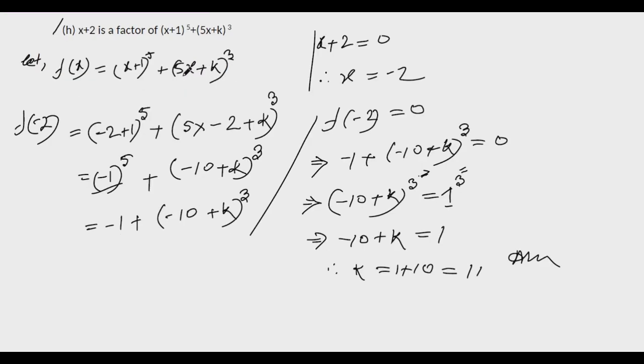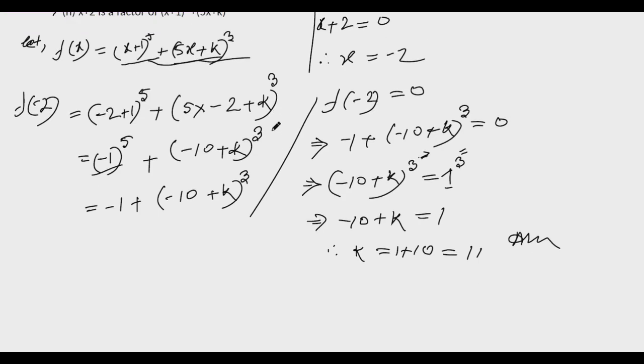Now try to understand one more thing: if we put the value of x, that is minus 2, and the value of k, that is 11, then this expression must be 0. So try to do these things. If we put x equal to minus 2 and k equal to 11, as we got, then try to get the value of this expression.